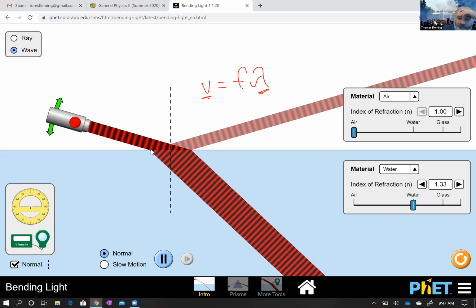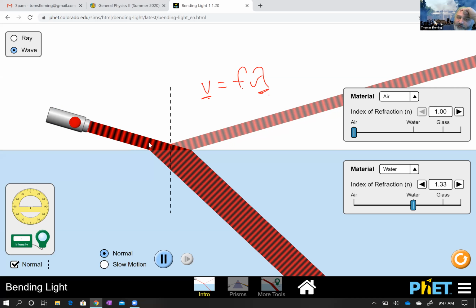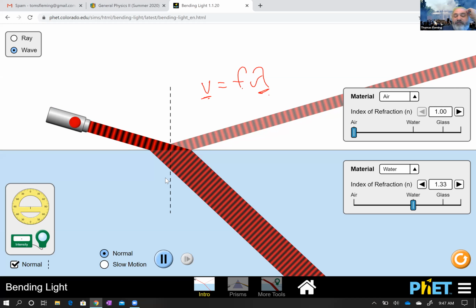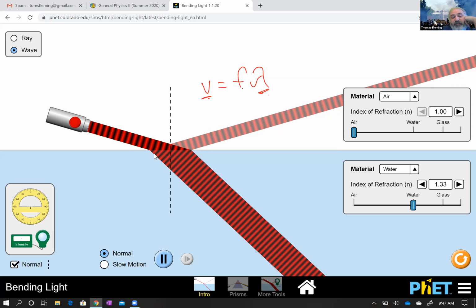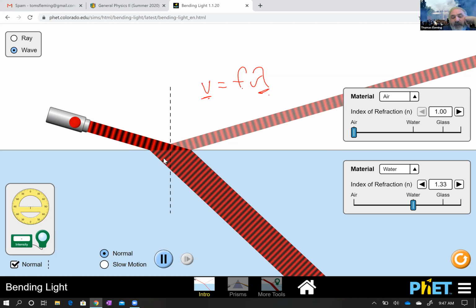So this stuff down here is going to slow down first, while the stuff that's still up here in the air is still traveling fast. And since this part here is slowing down first, it allows this part of the wave to get further away, and it reorients the beam slightly.